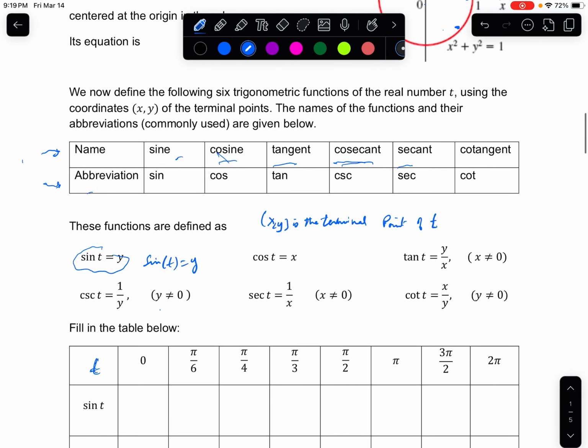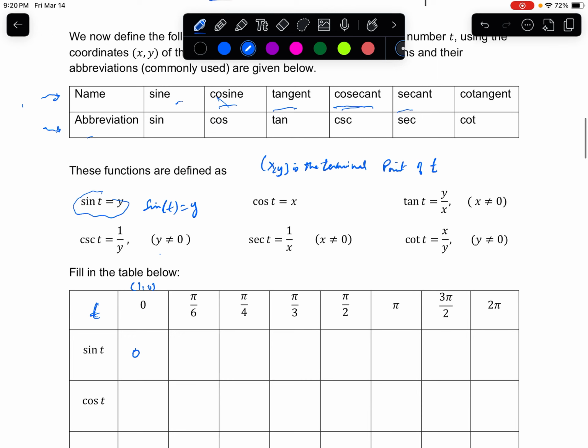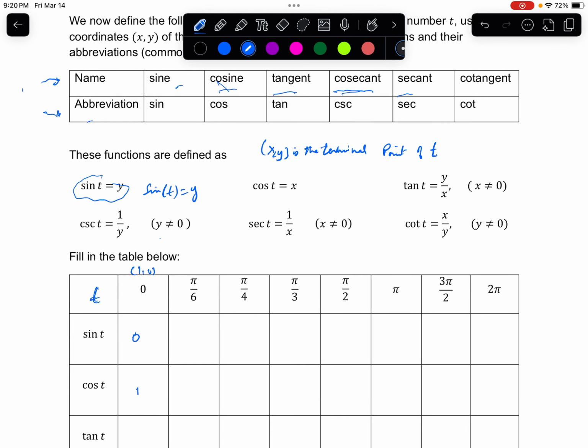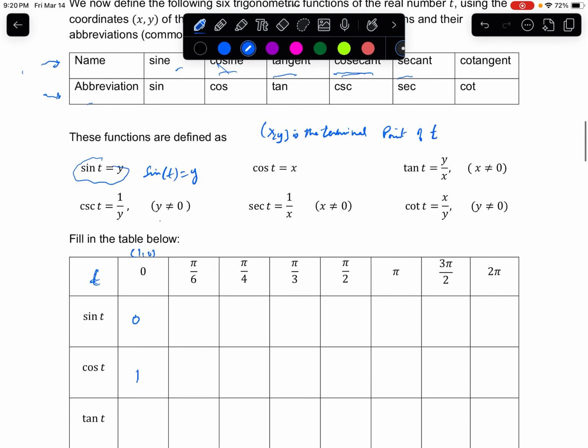So the coordinates for 0 are (1, 0). Sine of 0 will be 0, because sine is the y coordinate. Cosine of 0 will be 1. Tangent of 0 is y over x, so 0 over 1, which is 0.